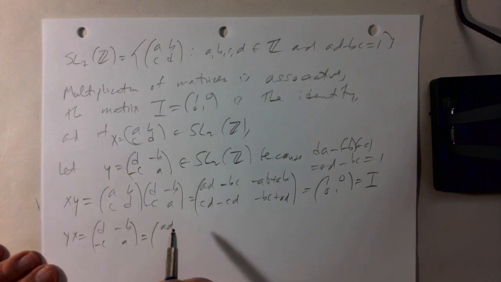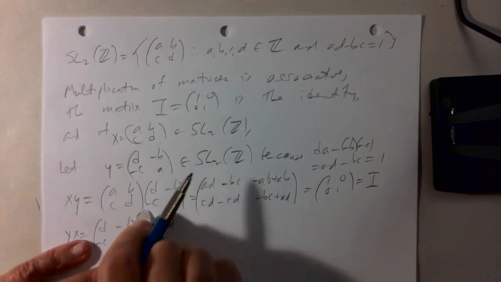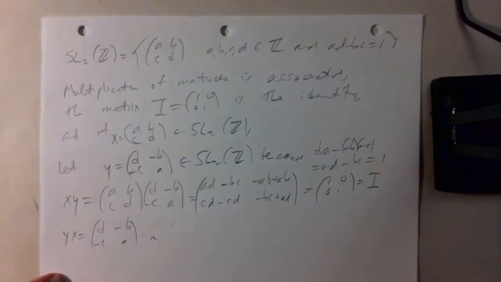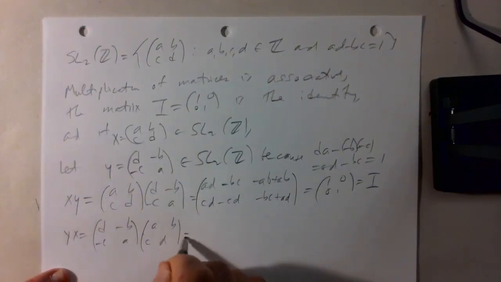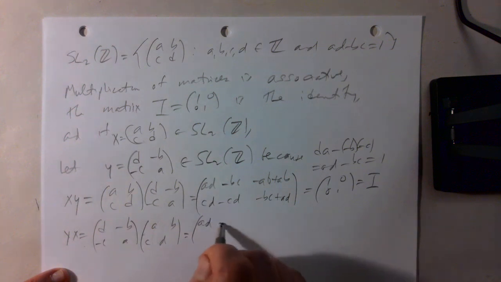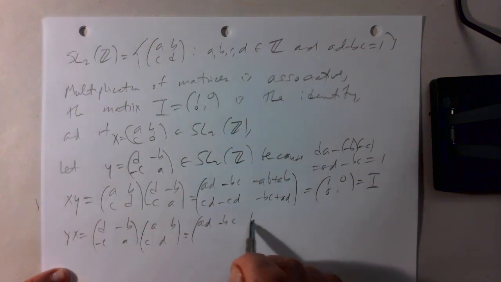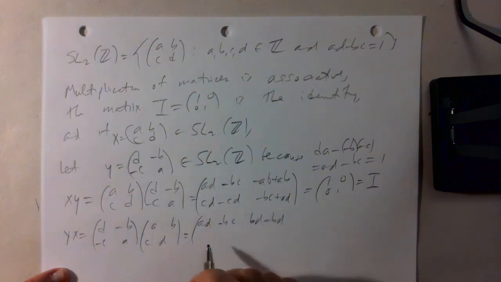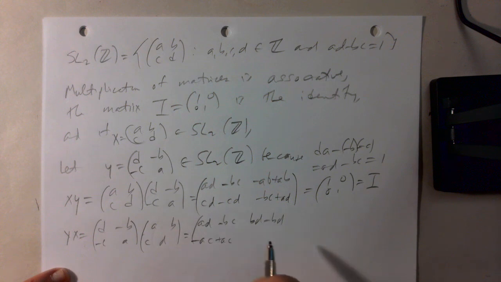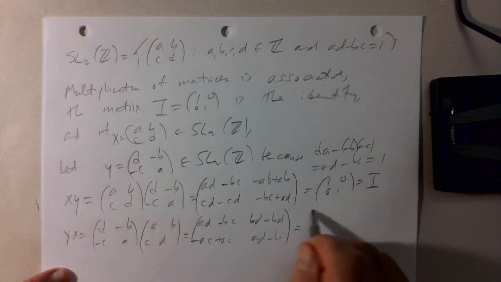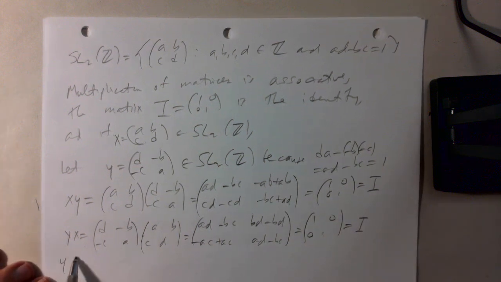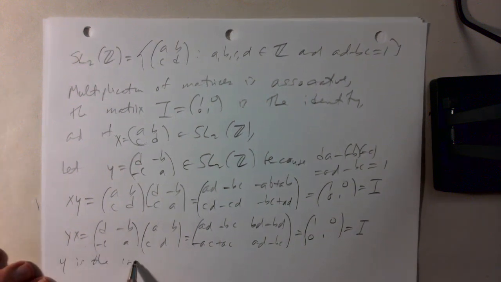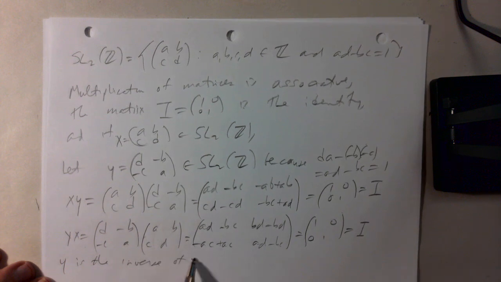Sorry, forgot to write down the X. A, B, C, D. This is AD minus BC, BD minus BD, minus AC plus AC, AD minus BC. This is also 1, 0, 0, 1, the identity. So Y is the inverse of X.